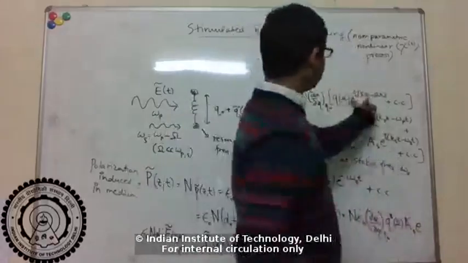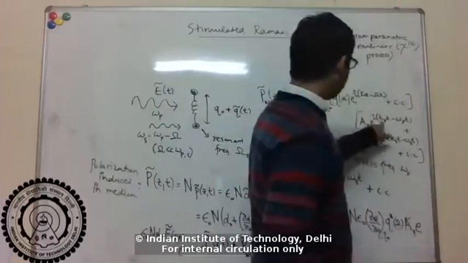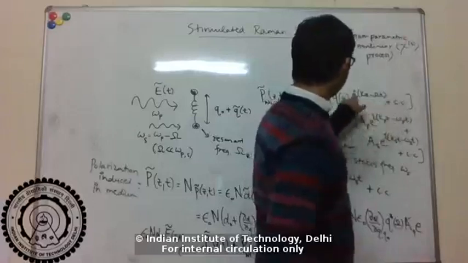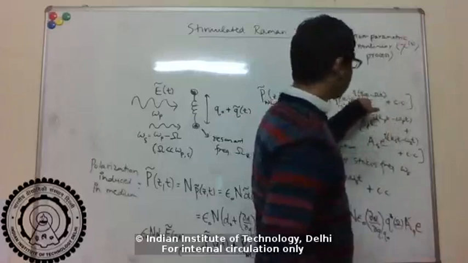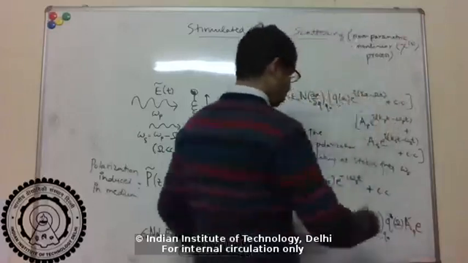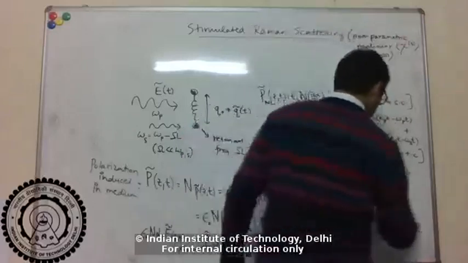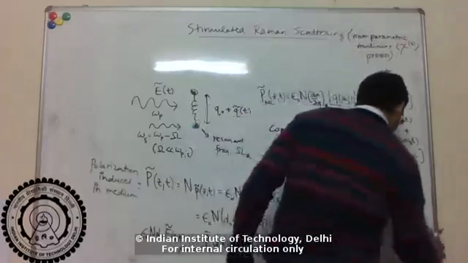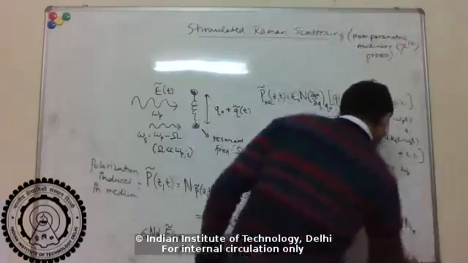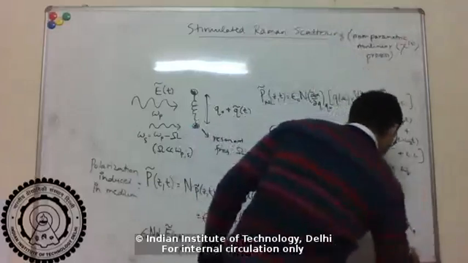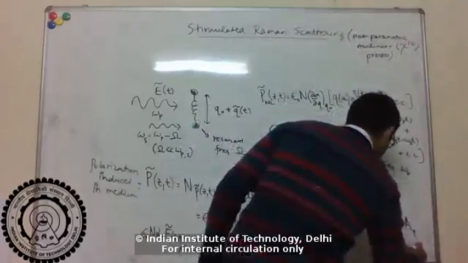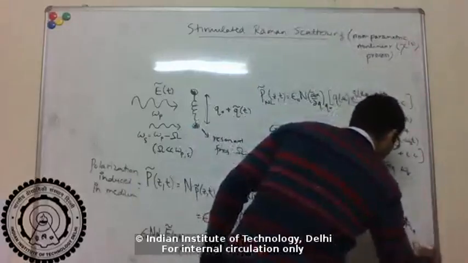And then they also have a spatial part here. So from AP, I'll get e to the I kp z, and from Q conjugate, I'll get e to the minus I capital K z. So the spatial term will be e to the I (kp minus capital K) z.